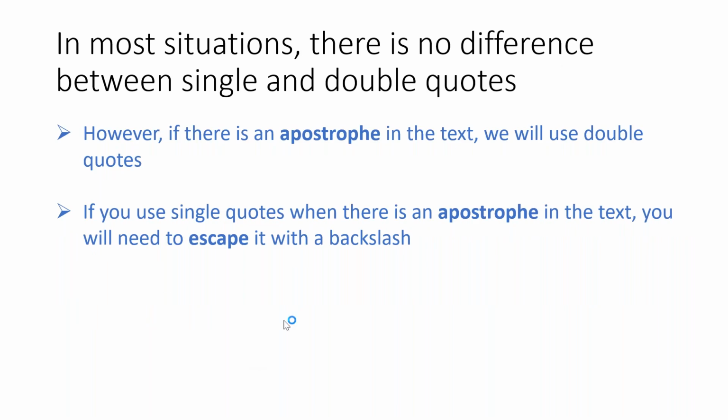In most situations, there is no difference between single and double quotes. But let's say in your text object there is an apostrophe. Then you have to take care. If you are using single quotes to define that string, and within the text there is an apostrophe, then you have to solve that problem in two ways.